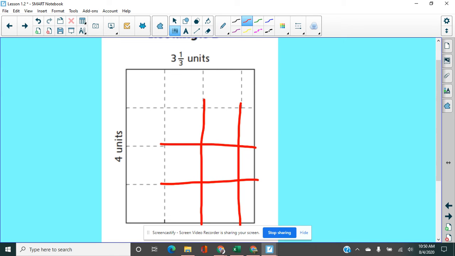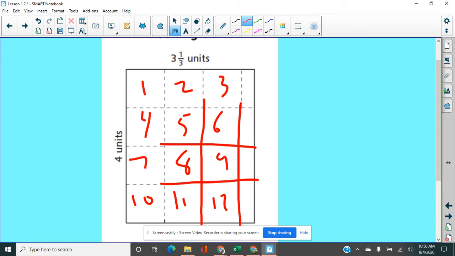And I'm going to start with the whole boxes. 1, 2, 3, 4, 5, 6, 7, 8, 9, 10, 11, 12. So I've got 12, but then I have these pieces over here. Those pieces right there. What do you think I should do with those pieces?